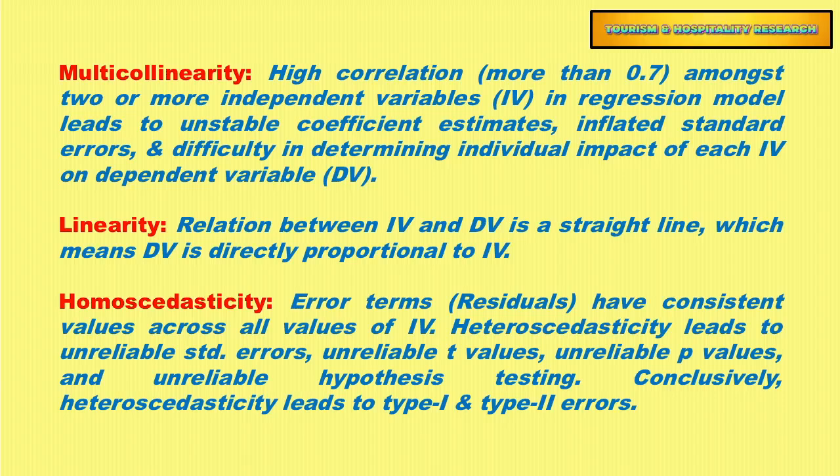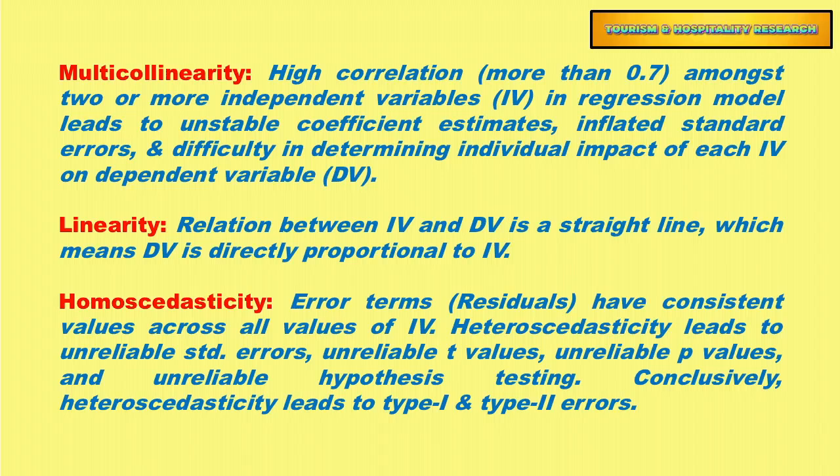This is the correlation coefficient denoted by R amongst two or more independent variables in a regression model. This leads to unstable coefficient estimates, inflated standard errors, and difficulty in determining the individual impact of each independent variable on the dependent variable.